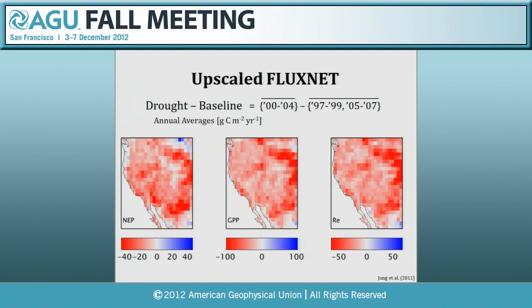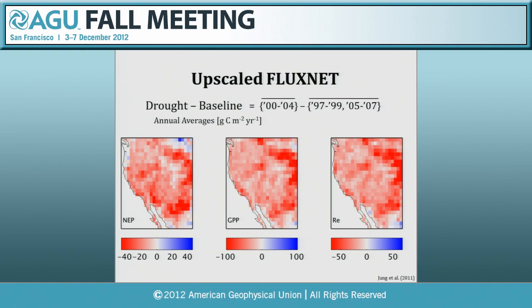So again, this notion of starting with water consequences and then mapping them onto carbon, I'd like to stick with this explicitly spatial representation. There are, of course, many ways to generate spatially continuous fields of these various carbon fluxes. What I'd like to show you initially is an upscaled FluxNet product. And what you should note is that, as we saw in the previous slide, this is really a kind of uniformly red blob.